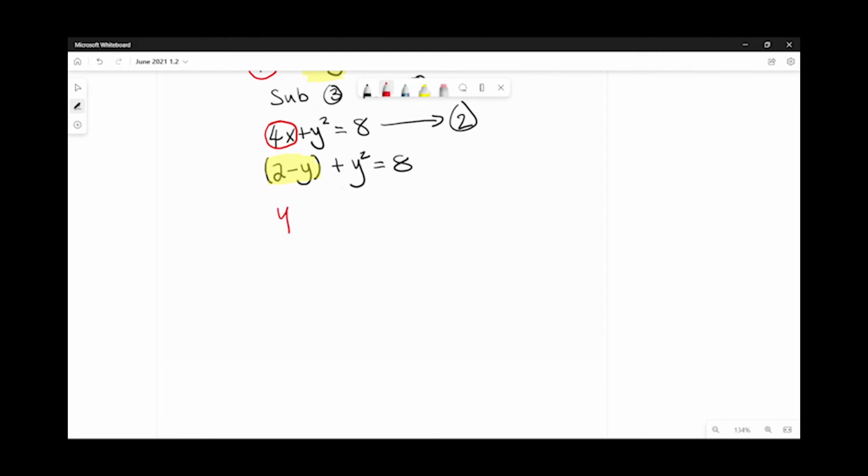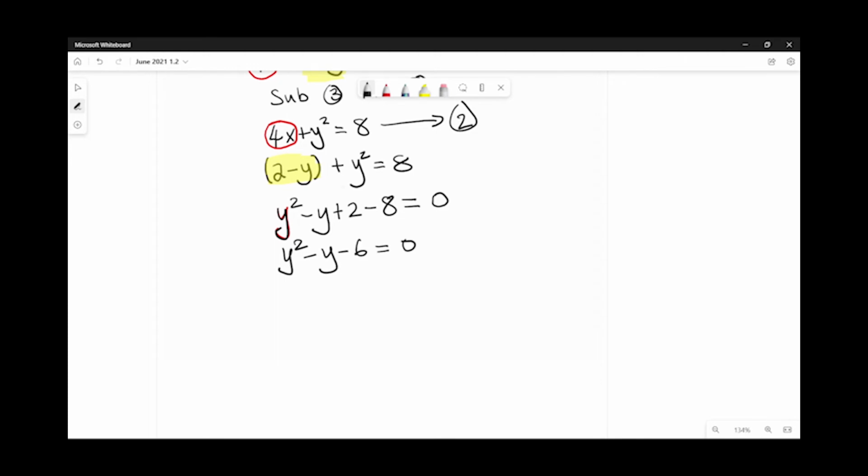This is going to be y squared minus y plus 2 minus 8. I just transposed the 8 immediately. And now we're going to have y squared minus y minus 6 is equals to 0.